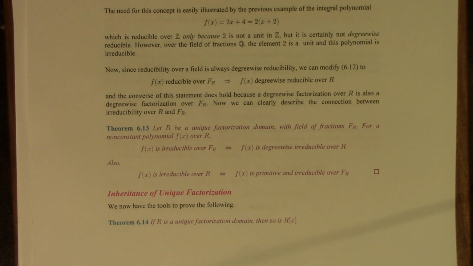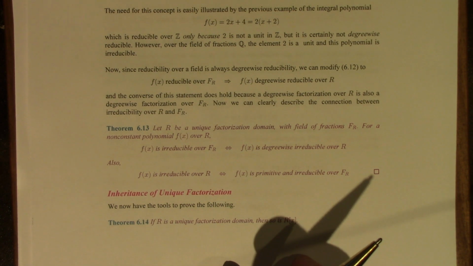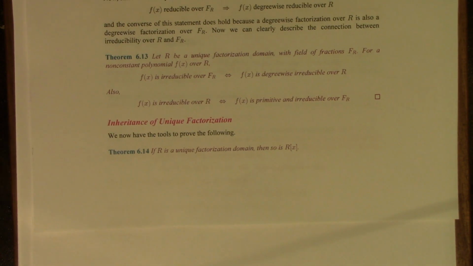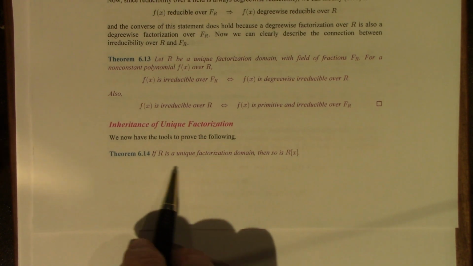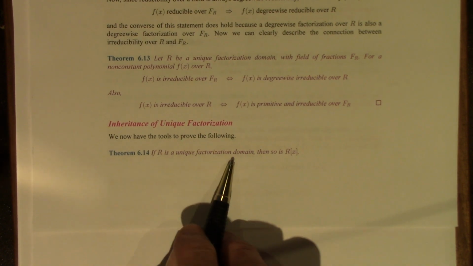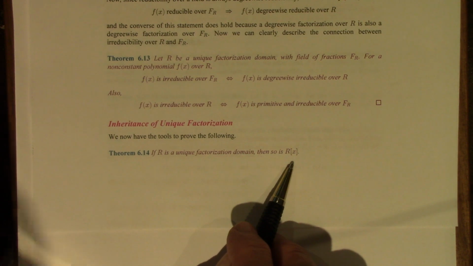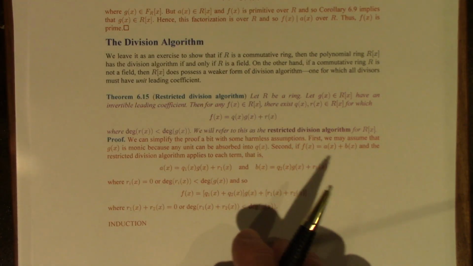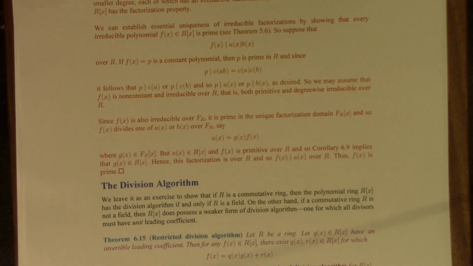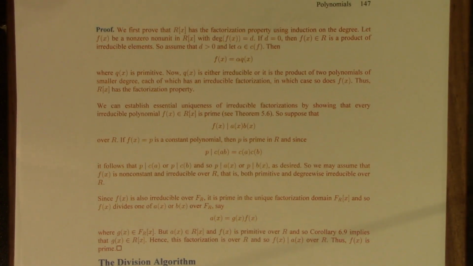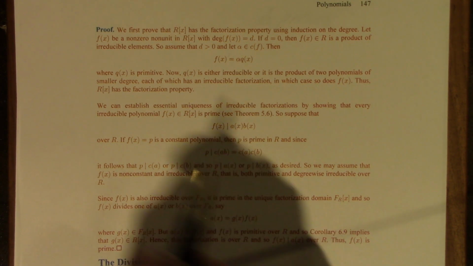We now have the tools required to prove that unique factorization is inherited. So if R is a unique factorization domain, then so is R[x]. The first step is to prove that R[x] has the factorization property, and we can do that using induction on degree.